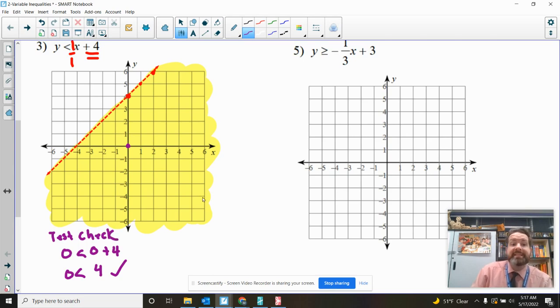Now for the second test check, I recommend doing more than one. I'm going to now check a point that I know isn't a solution. And we're looking this time to get a false statement as the end result.